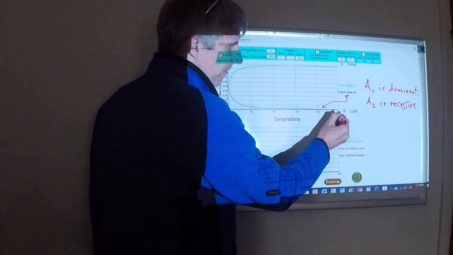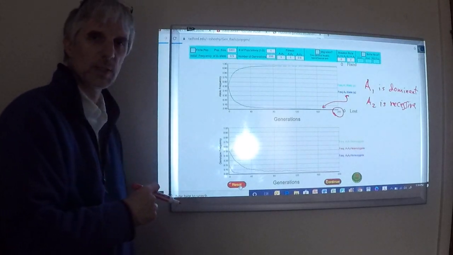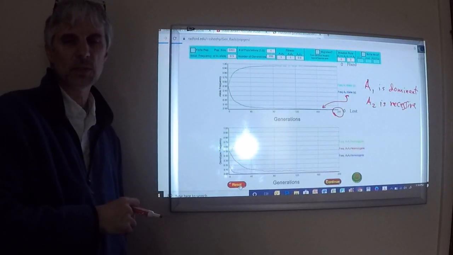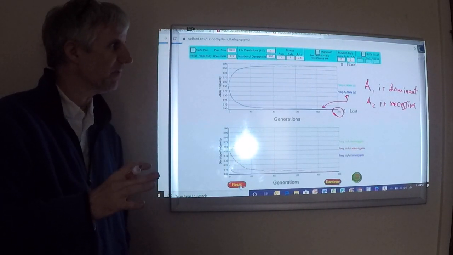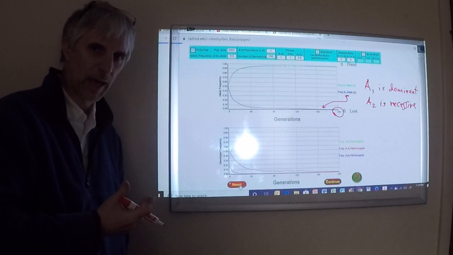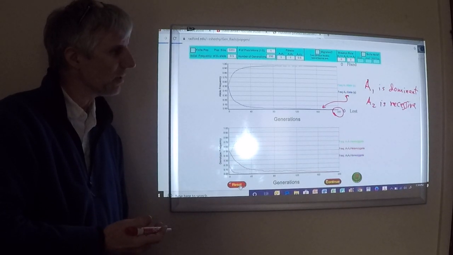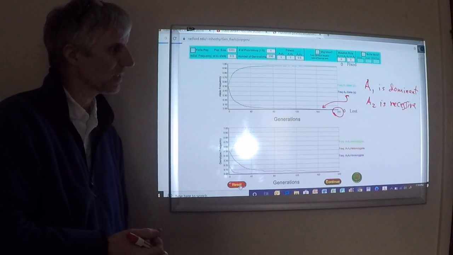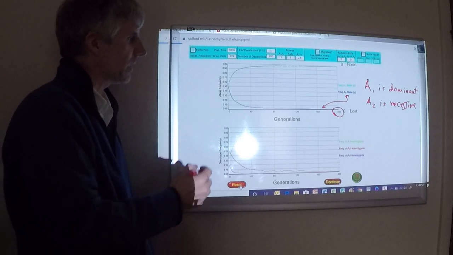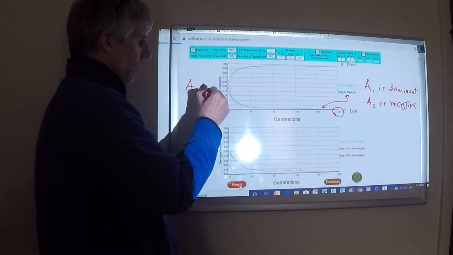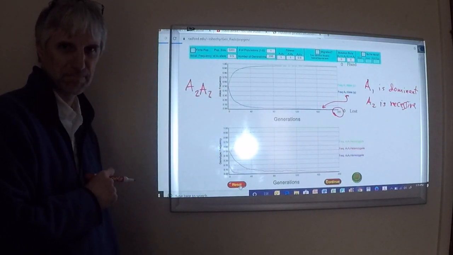In fact, even after 200 generations, the A2 allele is still in this population, even though it's not a very good allele to have. Well, why is that? Well, the A2 allele is being selected against, but natural selection can only select against it when it sees it.